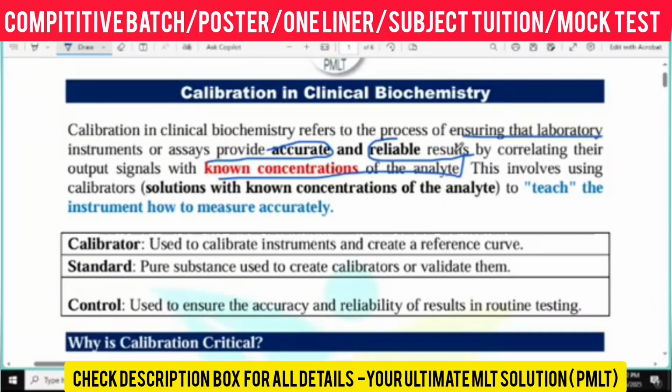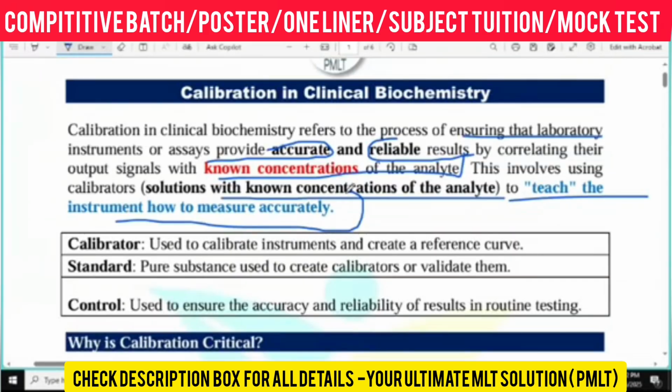Basically, it involves a solution with a known concentration of analyte to teach the instrument how to measure accurately. Whenever we are doing calibration, we are teaching the instrument: this reagent looks like that, this reagent will work like that, this test should occur like that.